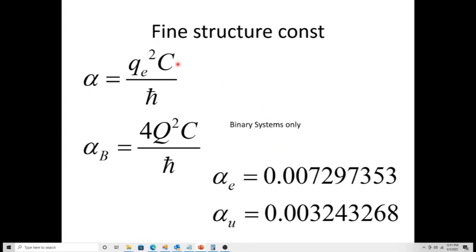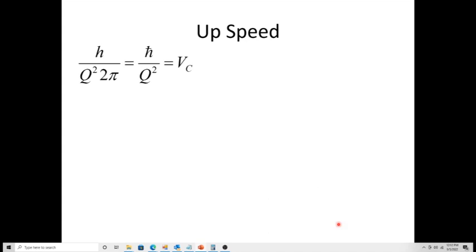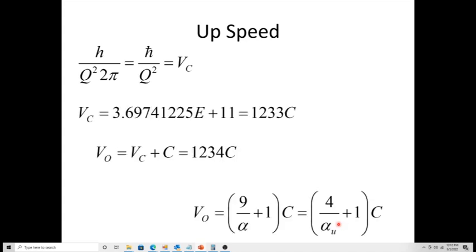Now, the important part to remember from this is that fine structure constant that we computed before was only for the electron. If I were to use the same thing to derive the fine structure constant of the up quark, it would be a value that's 2.25 times smaller. Therefore, if I compute the velocity of the up speed, again, we just punch into the velocity equation, and that's what we get.